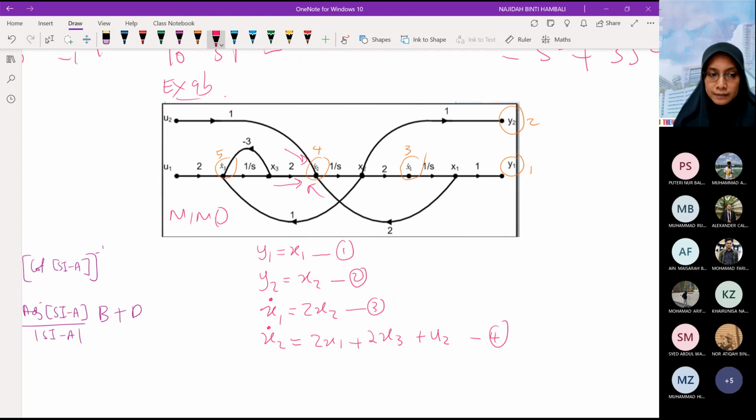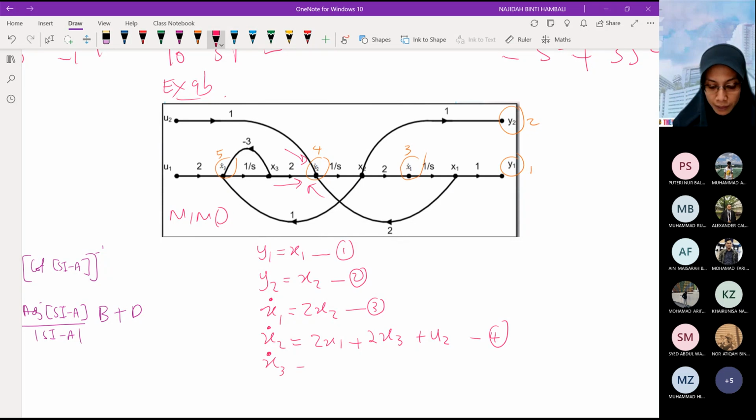Boleh? Yang lain-lain? Okay, please analyze carefully. Make sure you guna semua information. For this one, untuk X2 dot, you tengok line mana yang sambung dekat X2 dot ni. So, you kena ambil signal tu untuk masukkan dalam equation. Okay, next, let's move to the fifth equation, the last one, X3 dot.